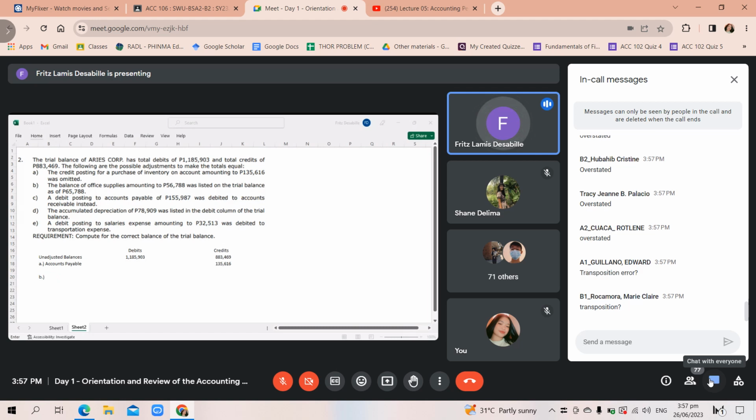Unsay term na to ganina? Dali lang. Kalimutan ko. Dali lang ha. So ano mataas yung ano niya.